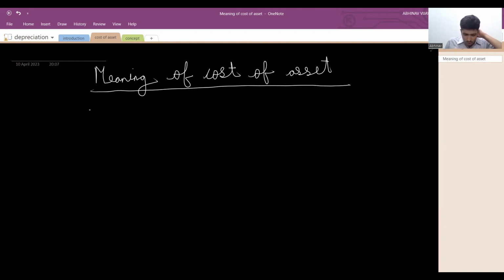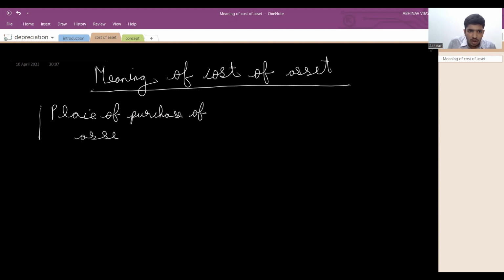Now, to explain the concept of cost of asset, write this down, draw this table. Place of purchase of asset. Wait, just copy it down.